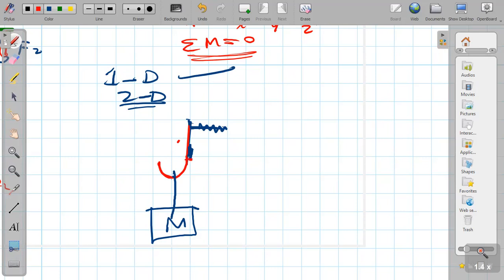So now the entire system, the hook, is going to rotate around this point. This is where the pivot is. And this screw keeps it holding to the wall. And this one acts with a certain force downward, which is mg, the weight.